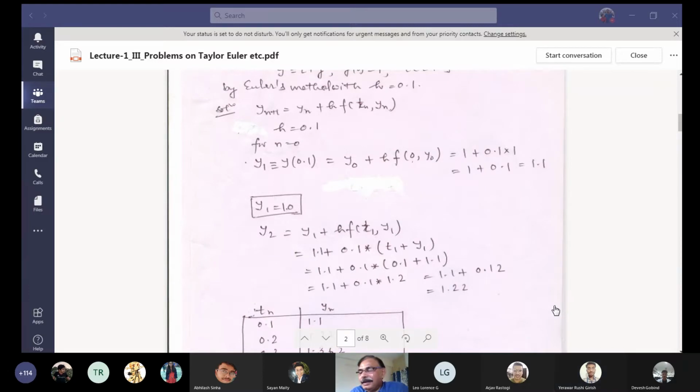If a problem is quite sensitive, and you miss even 0.001, suppose it is 1.132 and you have written 1.123, it may give an entirely different result.